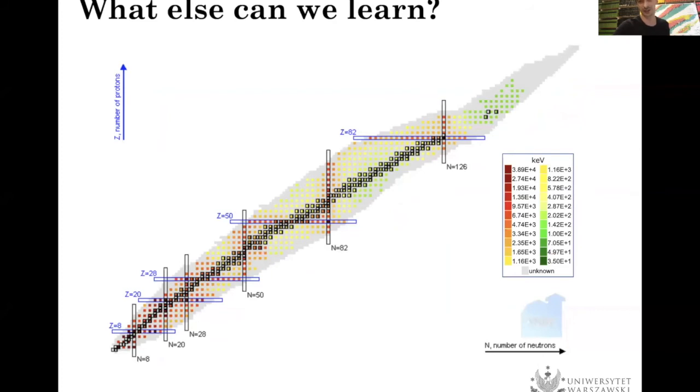Those nuclei are generally spherical nuclei that are quite difficult to excite because of this large energy gap between the ground state, the level with excitation energy 0, and the first excited state.